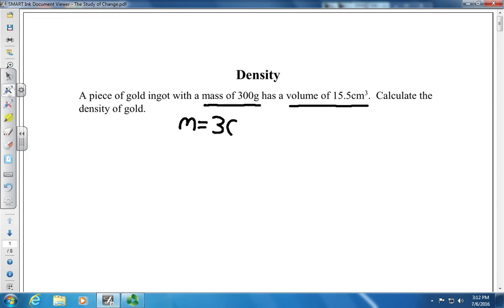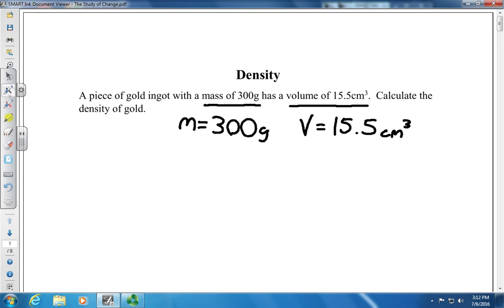Mass is 300 grams and volume is 15.5 cubic centimeters. If you write these down now, you'll be less likely to make a mistake as you proceed through the calculation.